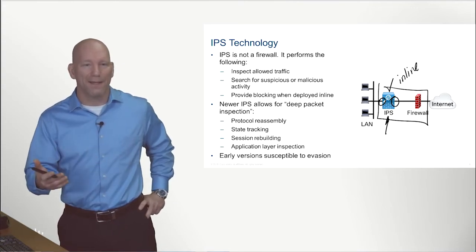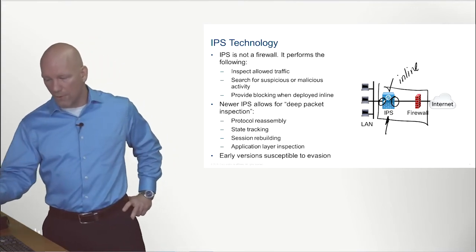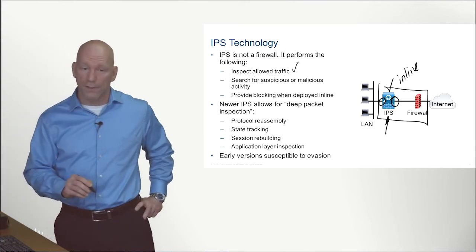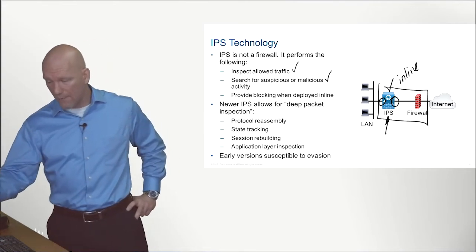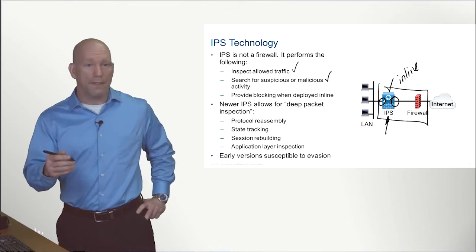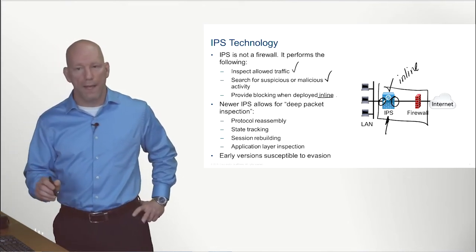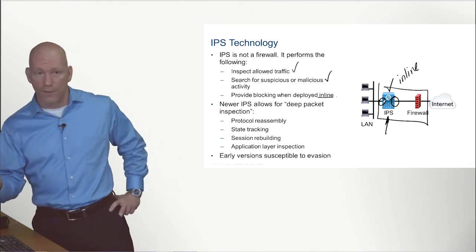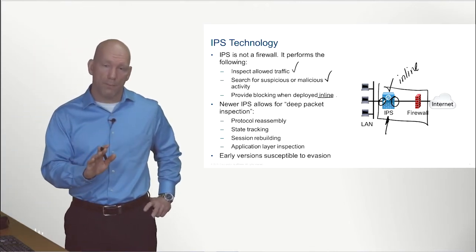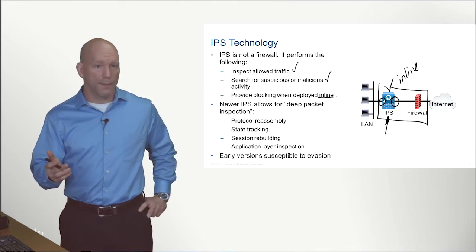It is in line, meaning we have the ability to go even deeper in our inspection, the behavior of the traffic, even down to the application, all again because it is deployed in line. But at the same time, we have to be concerned about performance and picking the best appliance for our throughput needs.